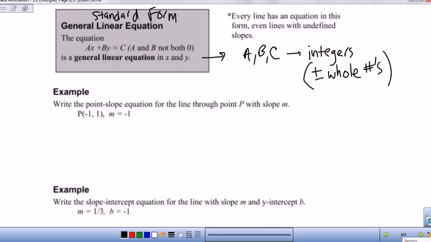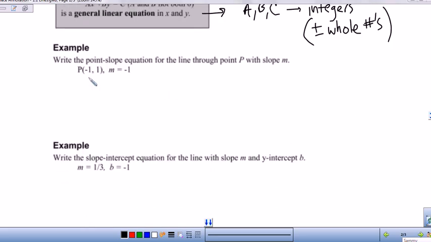Okay, let's go ahead and do an example here. So first of all, you want the equation, and they even specifically tell you point slope. But if I didn't tell you what form I wanted, look at this. Look, I give you a point, I give you a slope. So what are we going to use? We're going to use the point slope form. So first of all, figure out what information am I given, and then figure out what equation am I going to use.